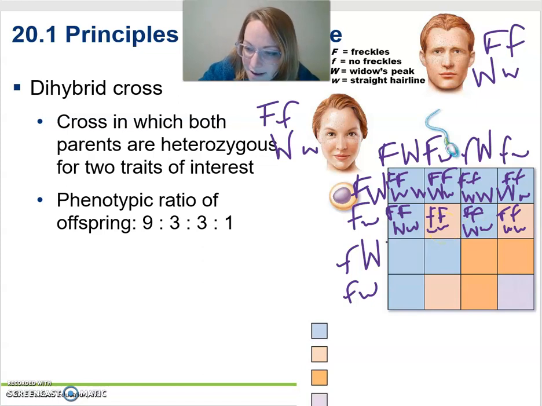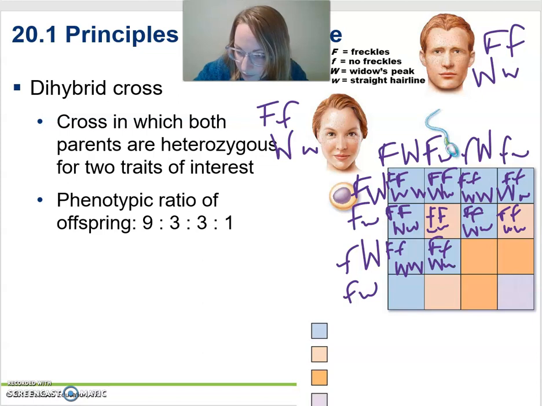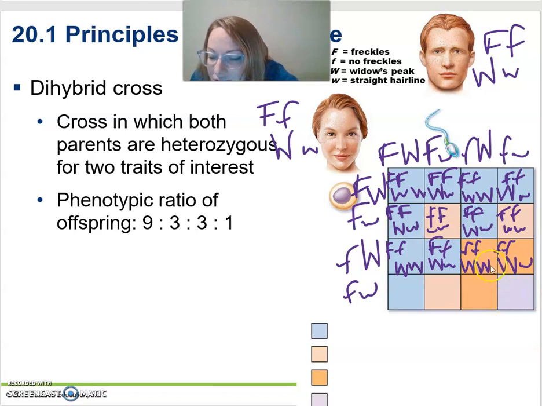Okay. Don't get too excited yet. Oh, that should be a little. You can tell. And now 2 of them have no freckles.